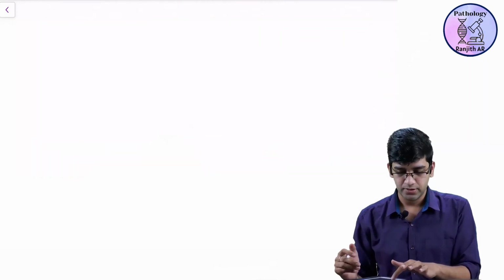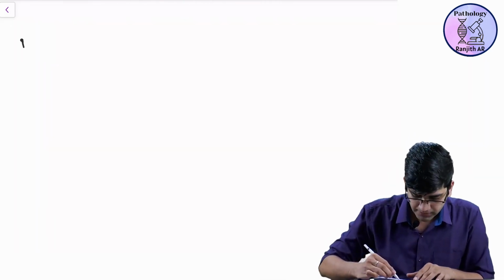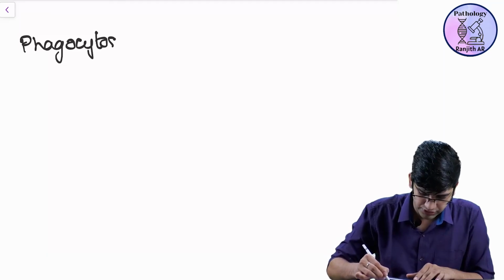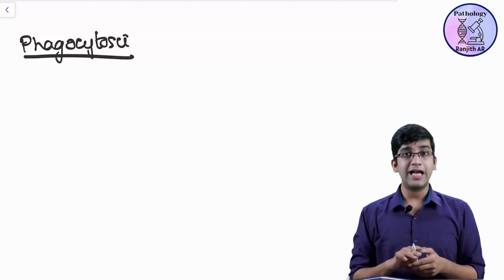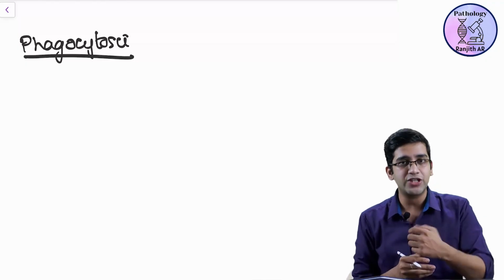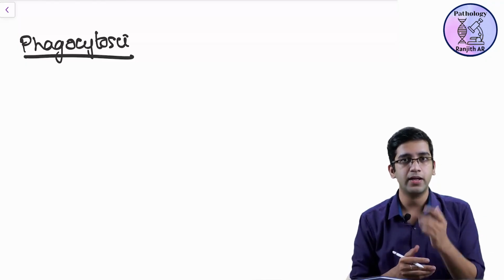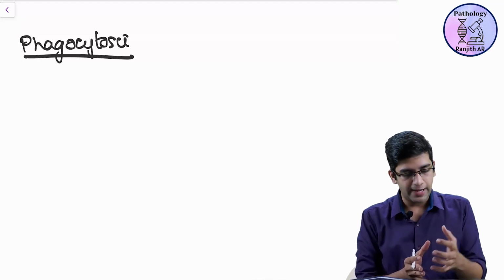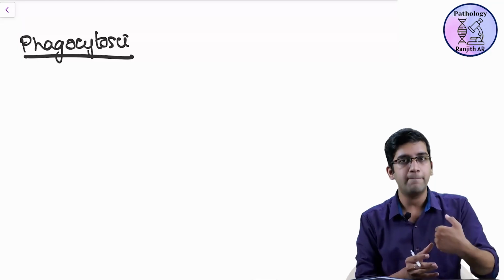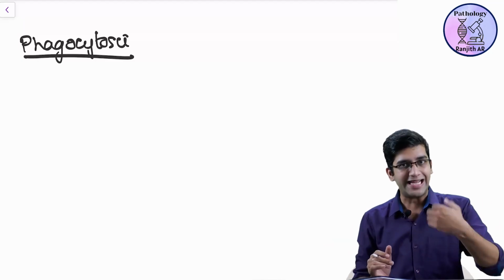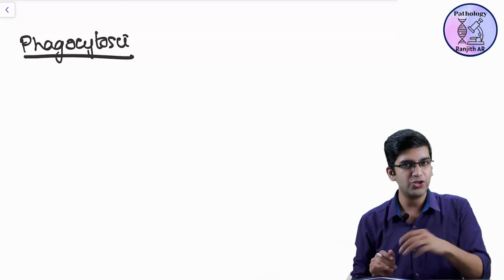So the last one is going to be phagocytosis. I'm going to eat it and I'm going to destroy it inside me. That's what we're going to see here. So in phagocytosis, I'm going to concentrate on the major part of destruction. Once I engulf the bacteria, I can destroy in many ways.